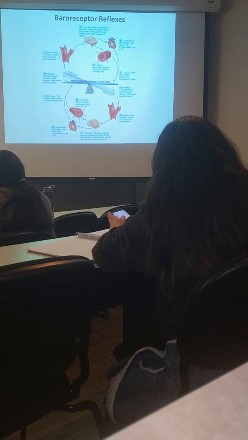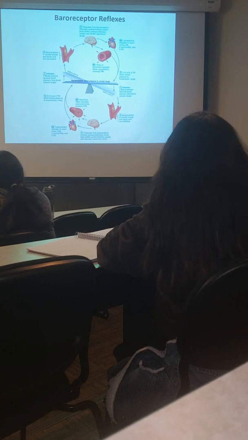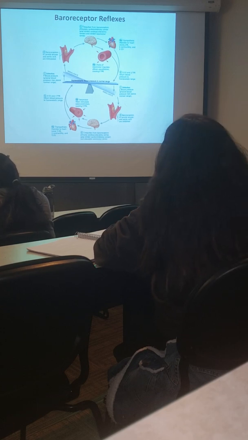Okay, so the medulla is the specific area that responds to this reflex. It's going to send information to your heart. If your blood pressure increases, that means you're having too much force in your blood. What do you think we're going to want to do to the heart to counteract that?